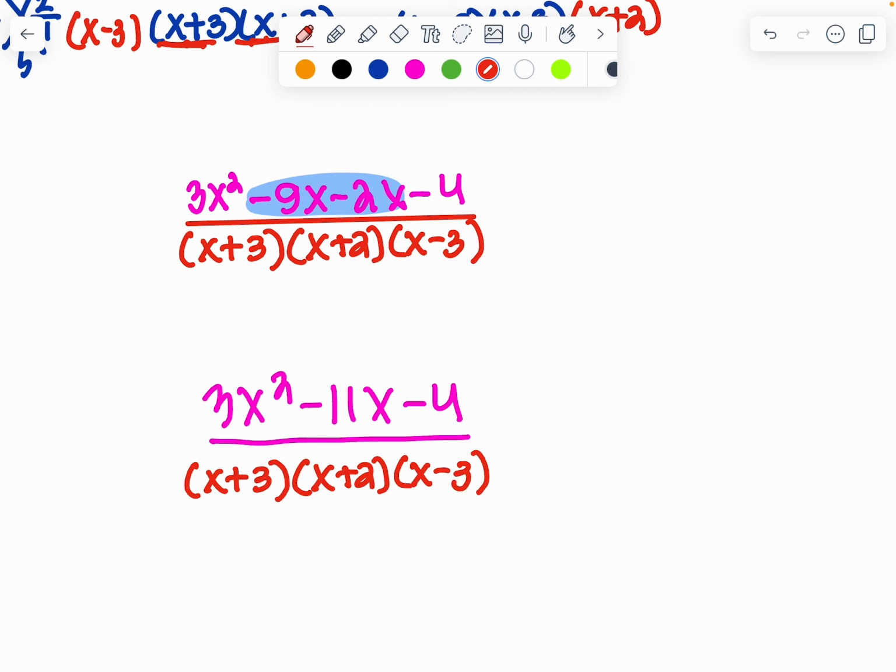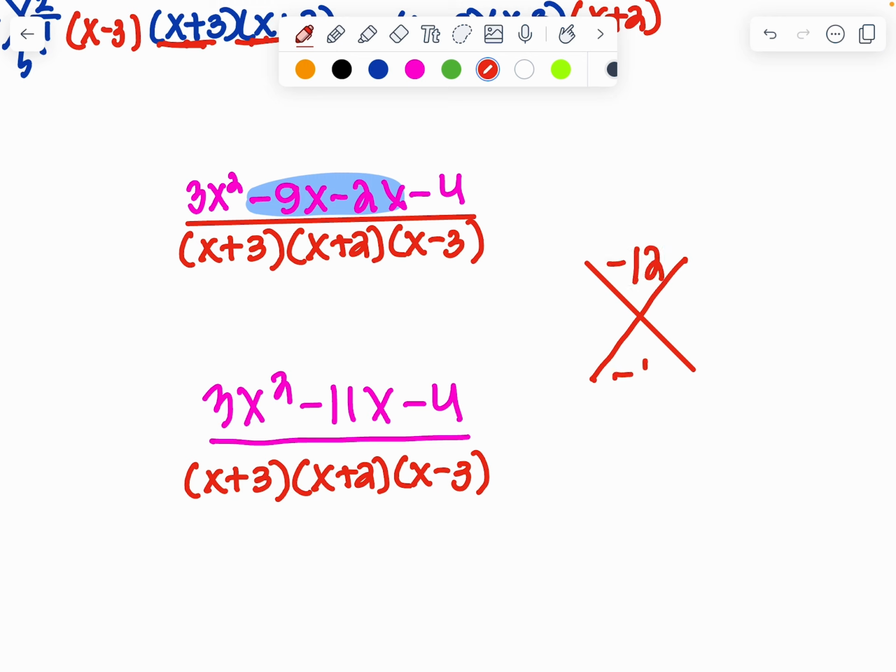And now, lastly, I have to see if it's still simplifiable. So to see if it's simplifiable, I have to see if any common factors cancel out. The denominator is already factored. The numerator is not. So I'm going to look for a GCF. There is no GCF. It's 3 terms, so I'm going to use my organizational X to try to factor it. So I need 2 numbers that multiply to give me a times c, which is negative 12, and add to give me b, which is negative 11.